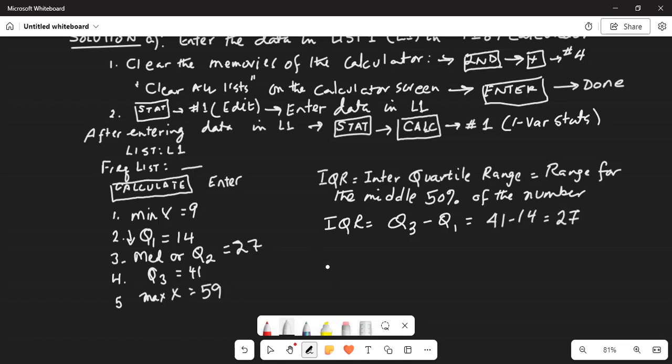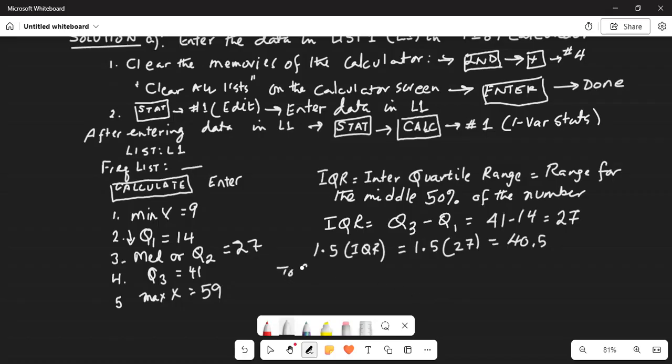Now, in order to find the outliers, we have to multiply 1.5 times IQR. That means 1.5 times 27, and that will take you to 40.5. What is this number? This is 1.5 times IQR.